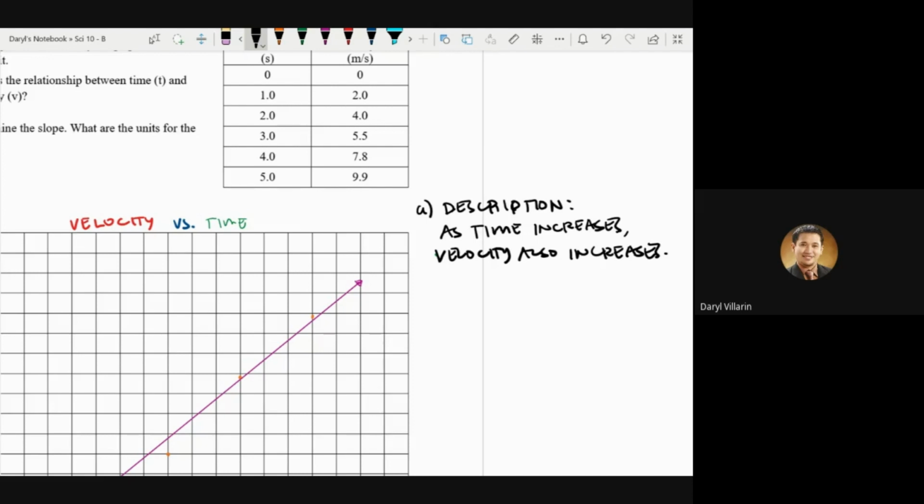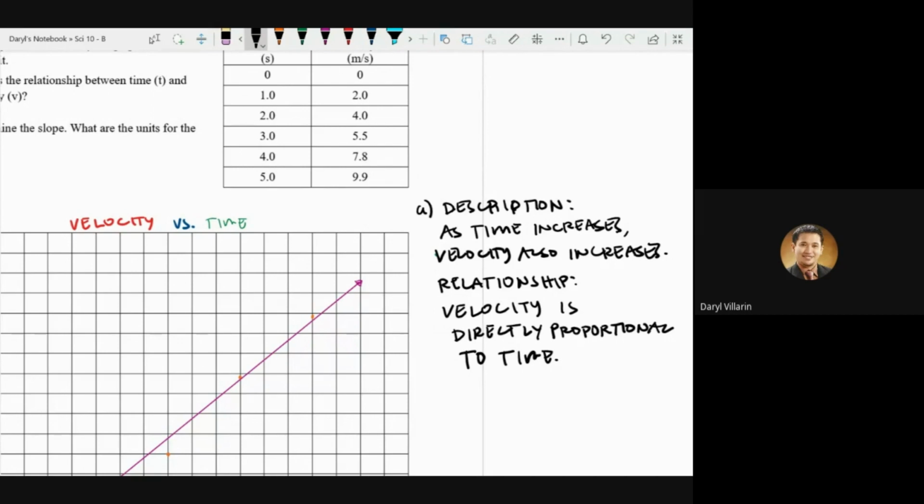Now, since we got a straight line graph, a straight line graph will give us that velocity is directly proportional to time.